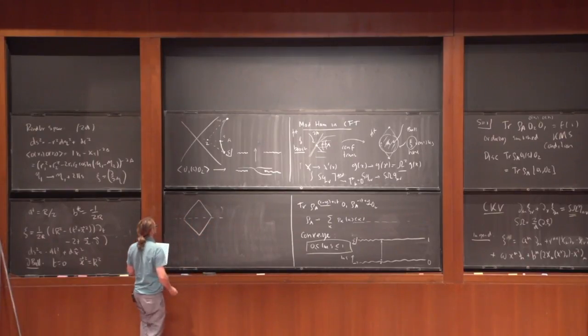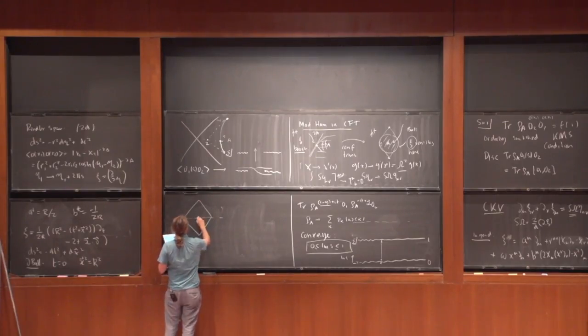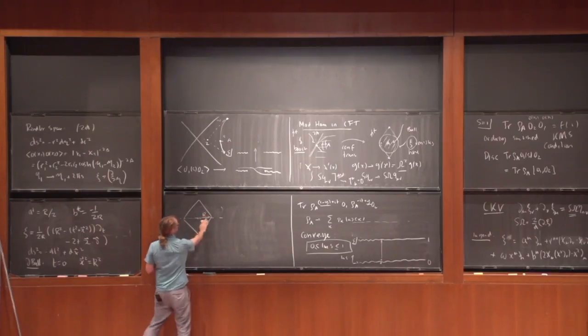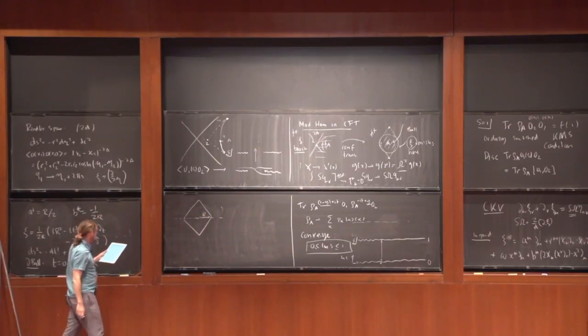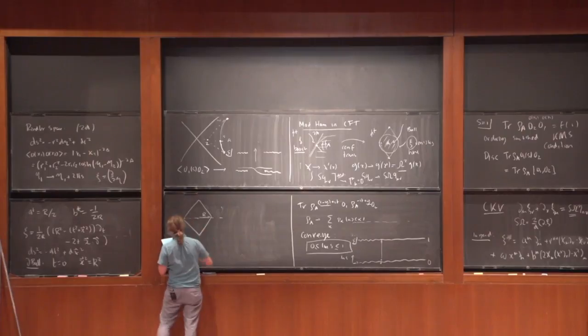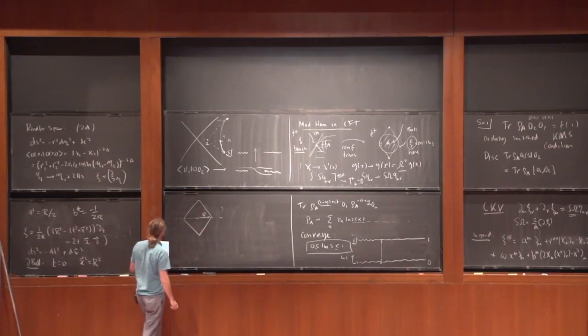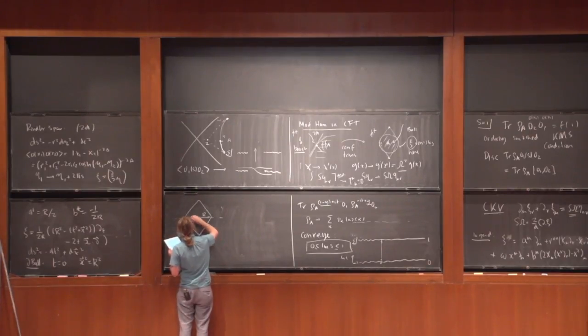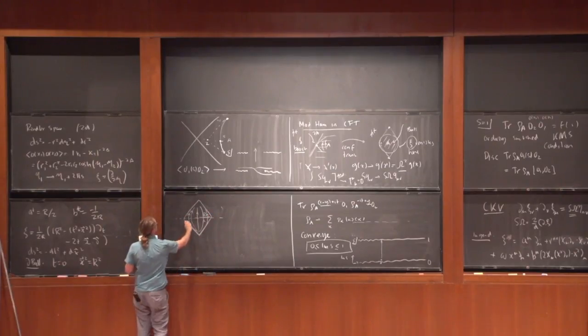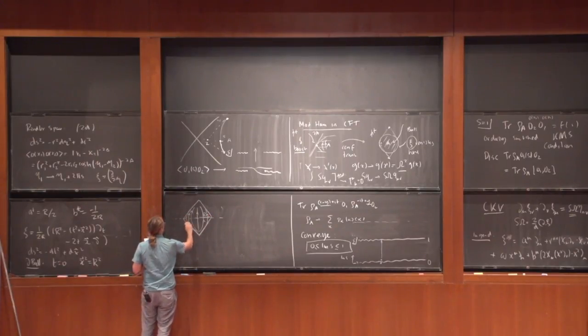So this is the region, the ball of radius r. And then you have the domain of dependence of that ball. And the vector field just flows inside this diamond, like this. And of course, as I said, close to the boundaries, it looks like a boost.